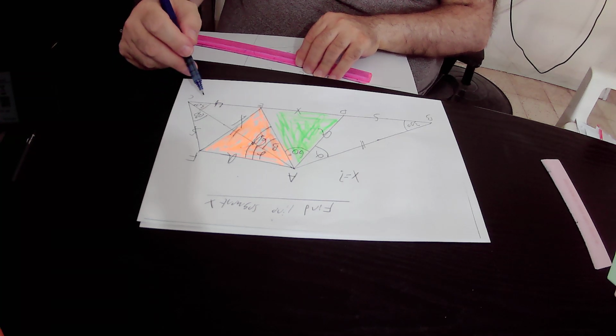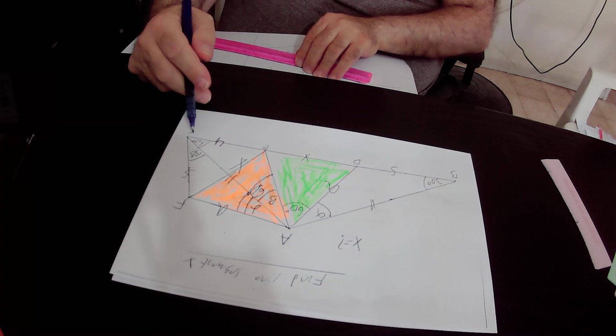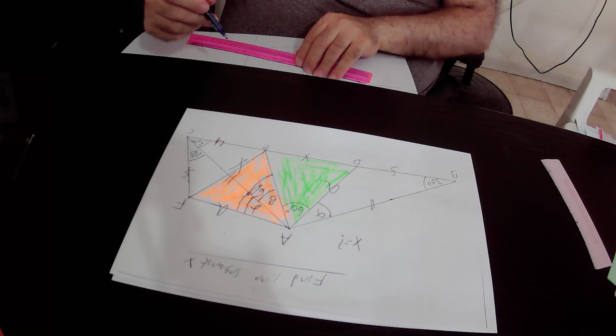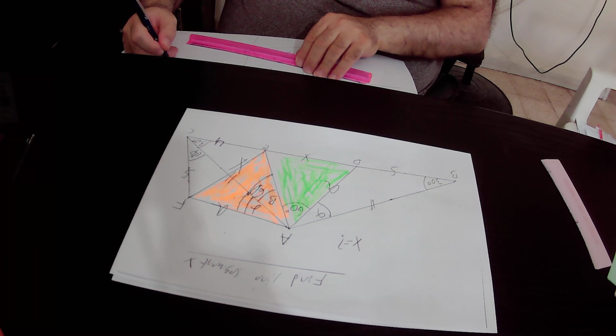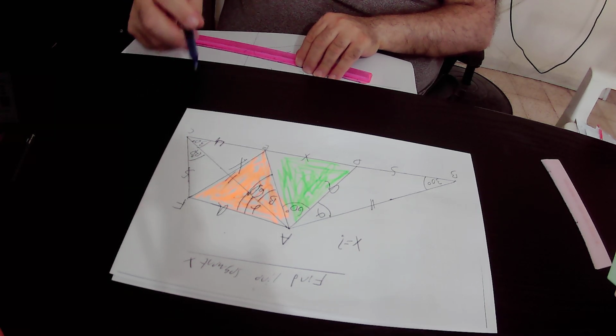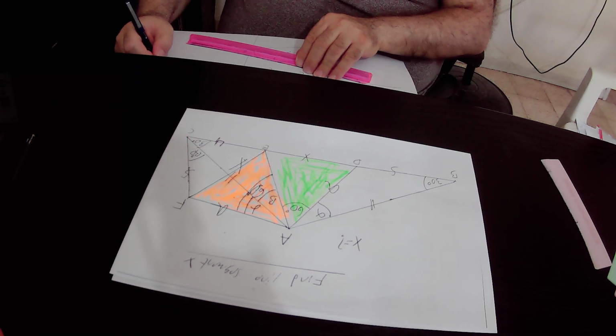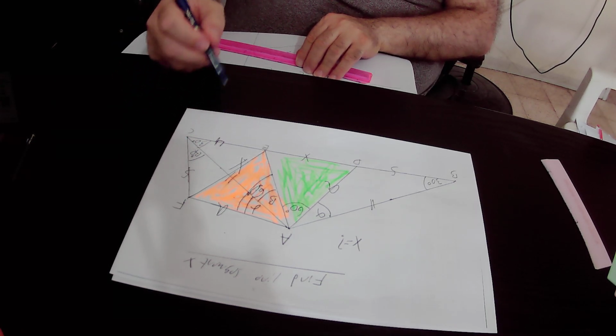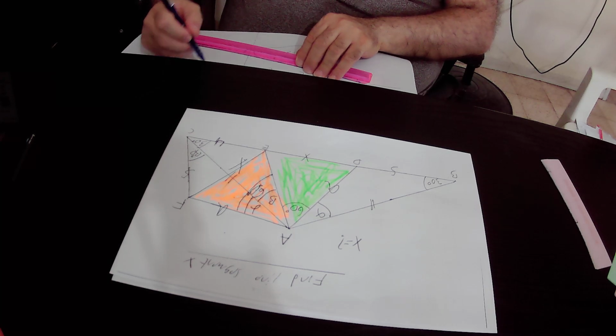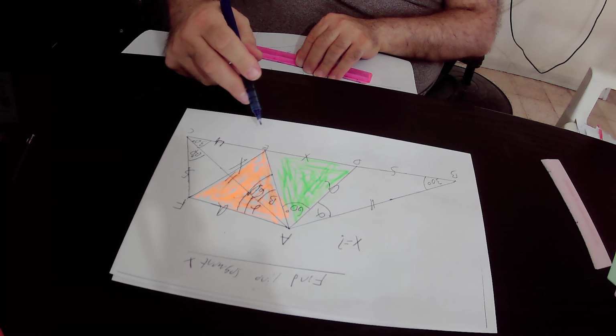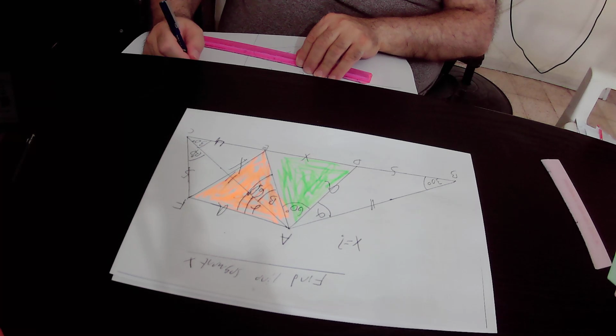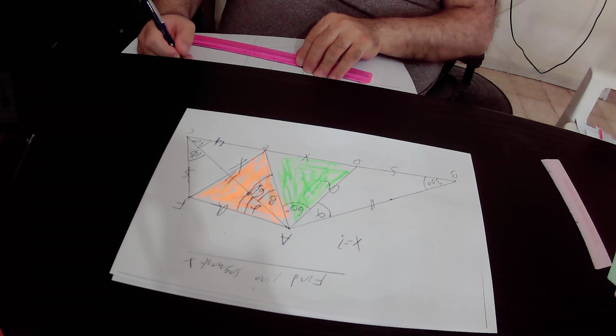Angle FCE equals 30 degrees plus 30 degrees, that is 60 degrees. Side FC equals 5 units, side EC equals 4 units, and side EF equals X, the line segment that we are looking for.